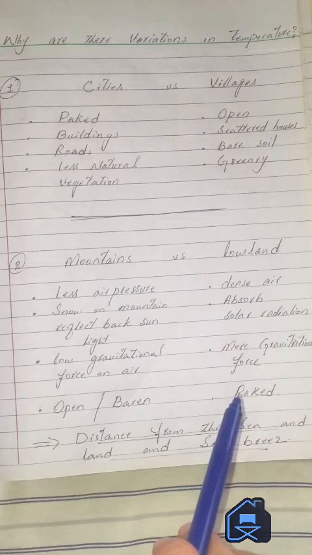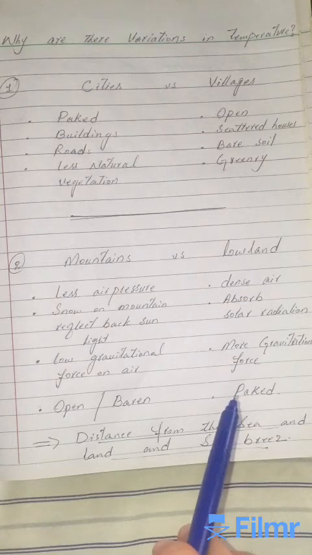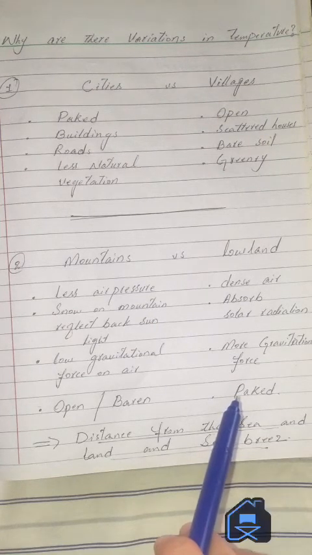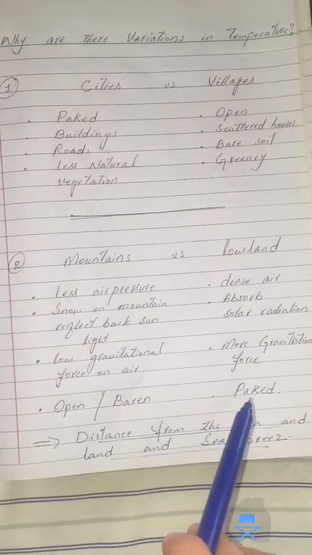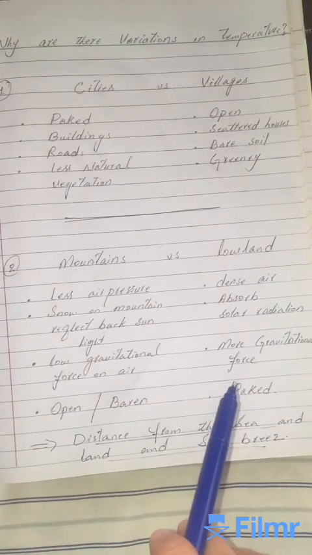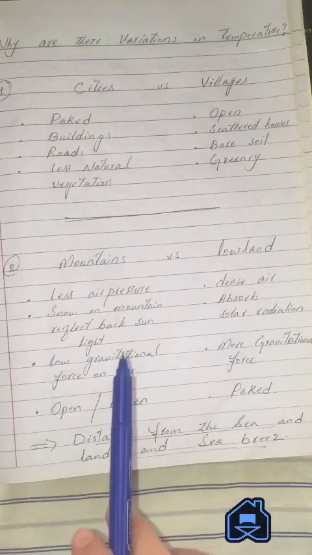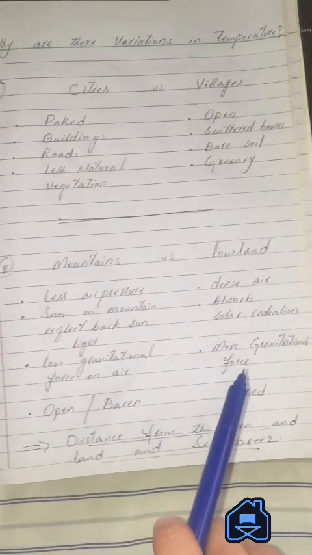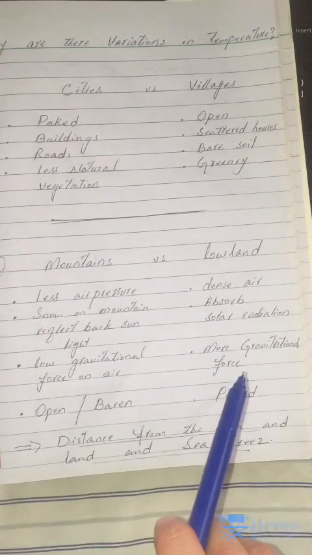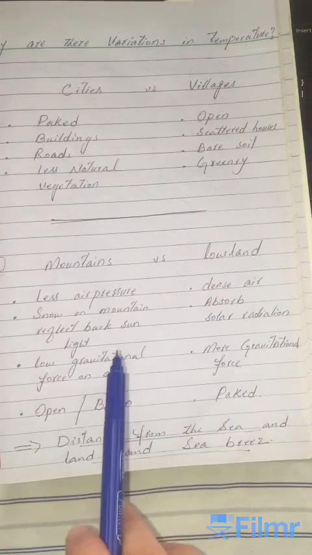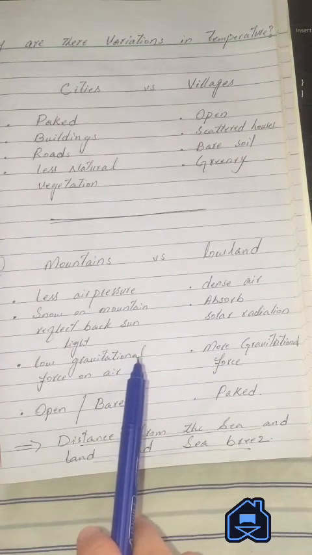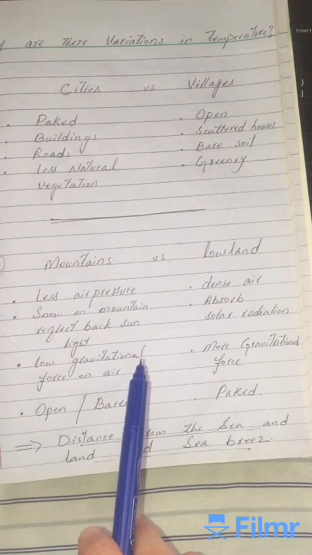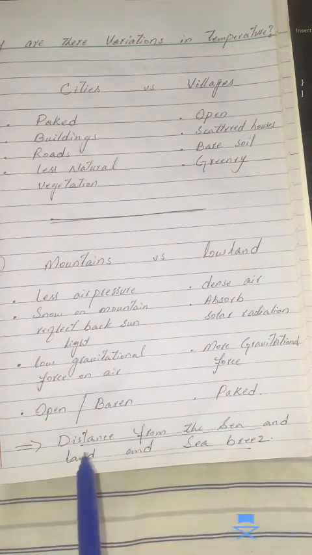The gases are denser near the surface due to the pull of gravitational force. Hence, most of the heat is absorbed near the surface. The Earth's surface also gives off heat in the form of terrestrial radiation. On the mountains, there is less water vapor and other gases to absorb the heat. Hence, the temperature is low on the mountains.